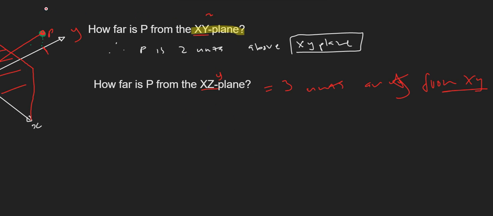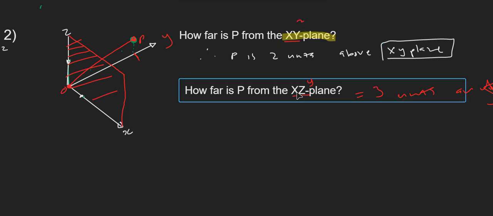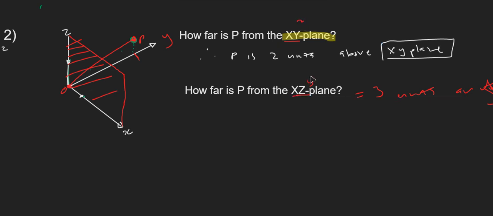This is how you look at it exactly. The planes, if they talk about xy, you give them the remaining. If they give you xz, you give them y. If they give you xy, you give them z. If it was the other one, yz, you'll give them x. So that's how it is.